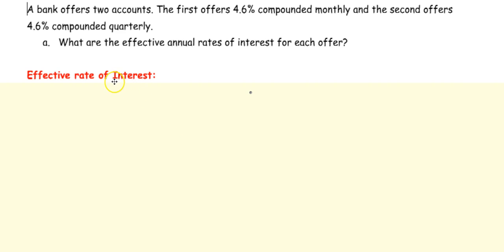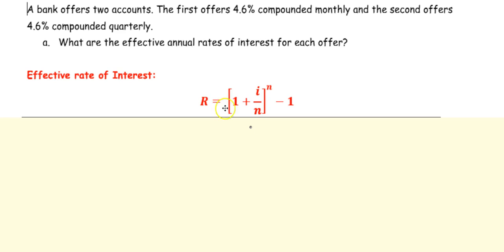So we are looking for the effective annual rate of interest. The formula for finding this is capital R, the effective annual rate of interest, equal to 1 plus i over n, whole to the power of n, minus 1. This i is the rate of interest, that is 4.6%, lowercase i, and n tells how many times it is compounded in a year.